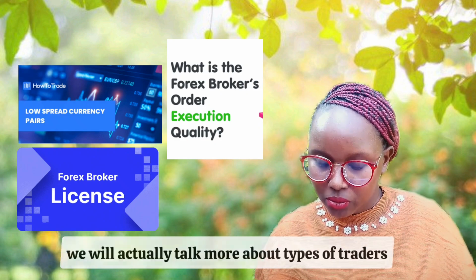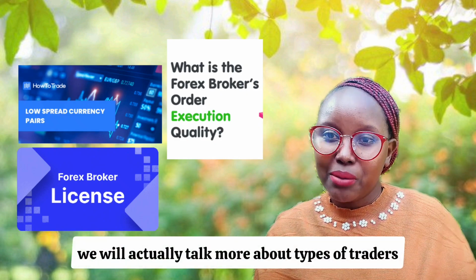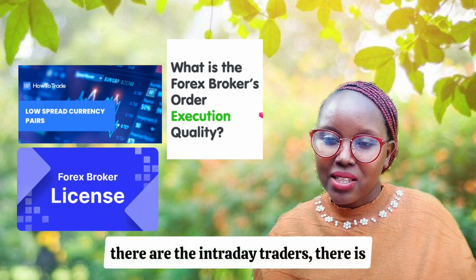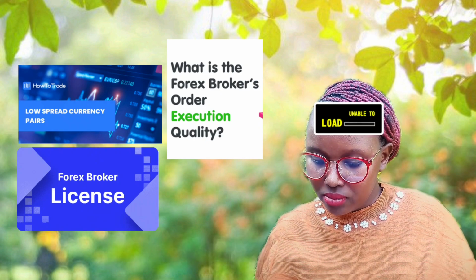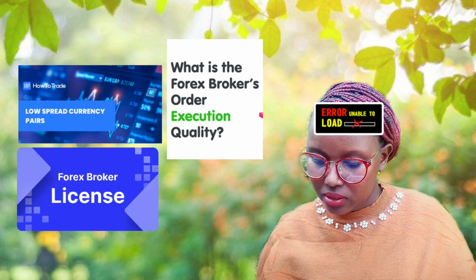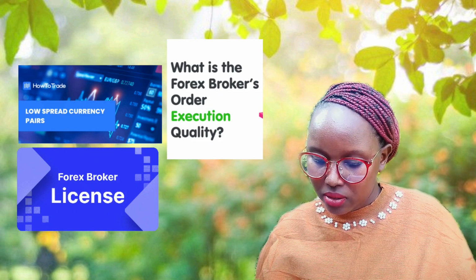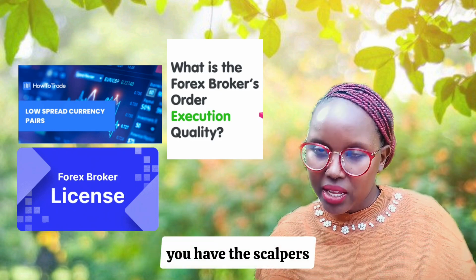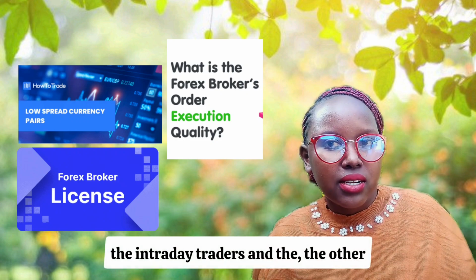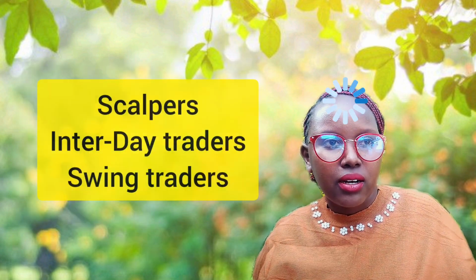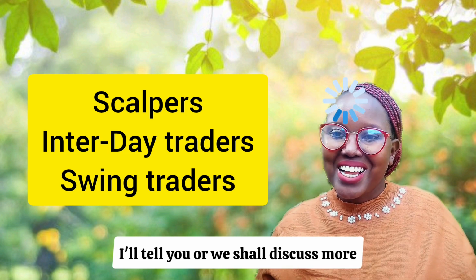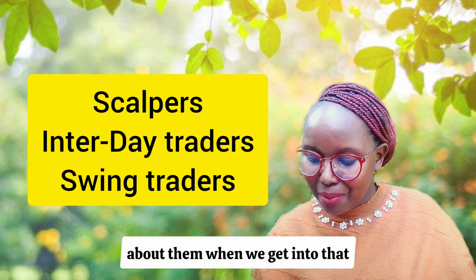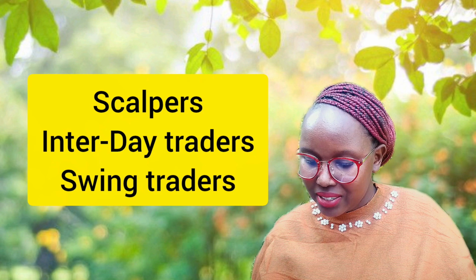We will actually talk more about types of traders. There are the scalpers, the intraday traders, and the other one I've actually forgotten. We shall discuss more about them when we get into that topic.